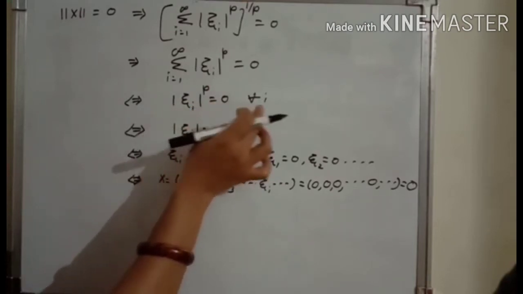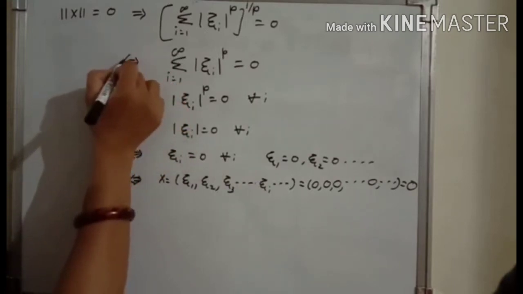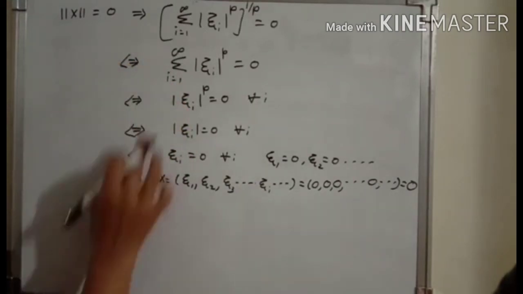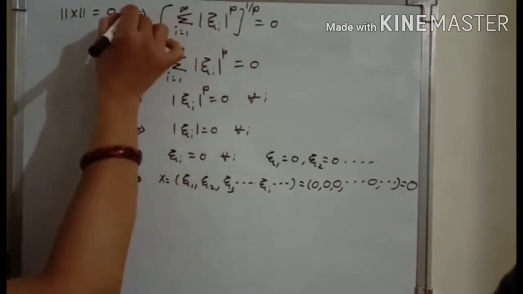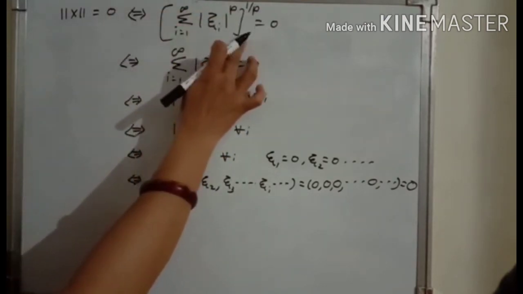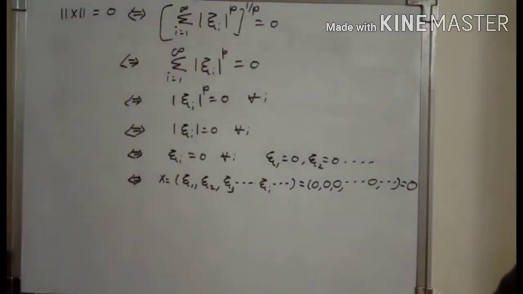As it is true for each i, their sum is also equal to 0, and this sum equals 0 implies that its pth root is 0, and as its pth root equals 0, it implies that norm of x equals 0.